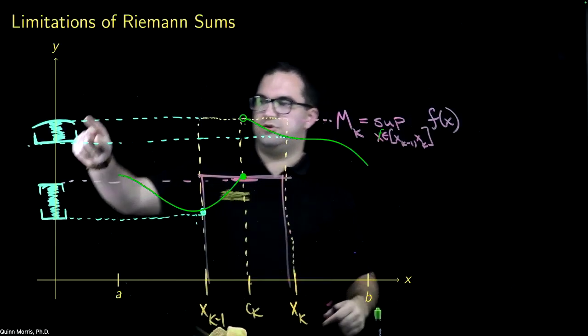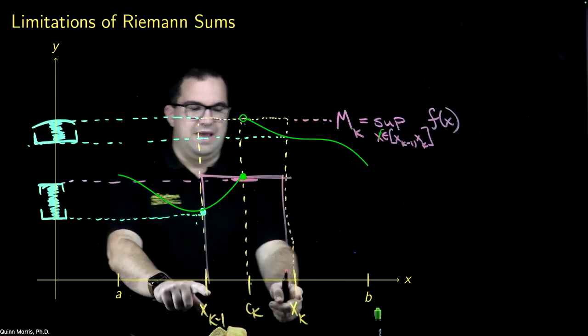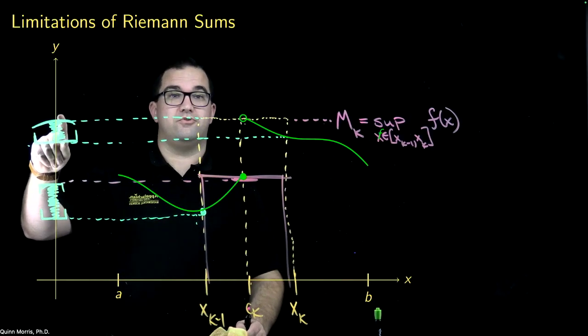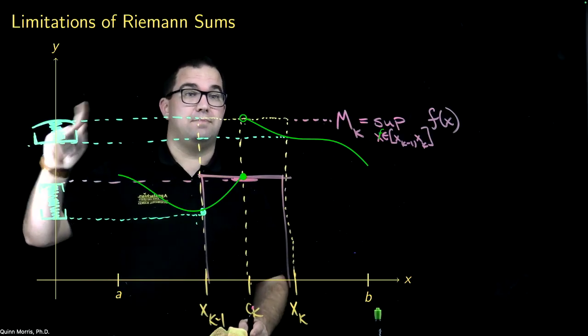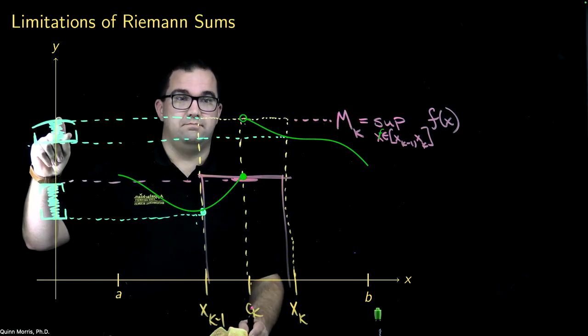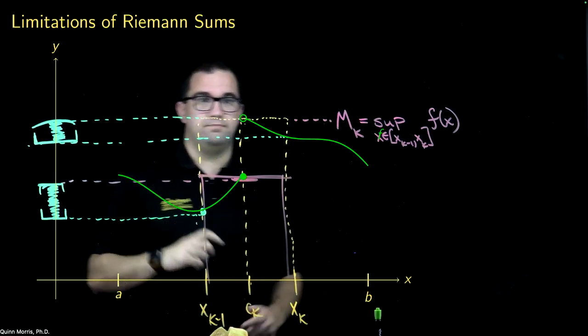So I look at all the values that my function takes on over this interval from x sub k minus 1 to x sub k, and I choose the supremum of all of those values. Now, it's not a maximum, because I don't actually achieve that value, but it is a supremum. It's the least upper bound sitting here.